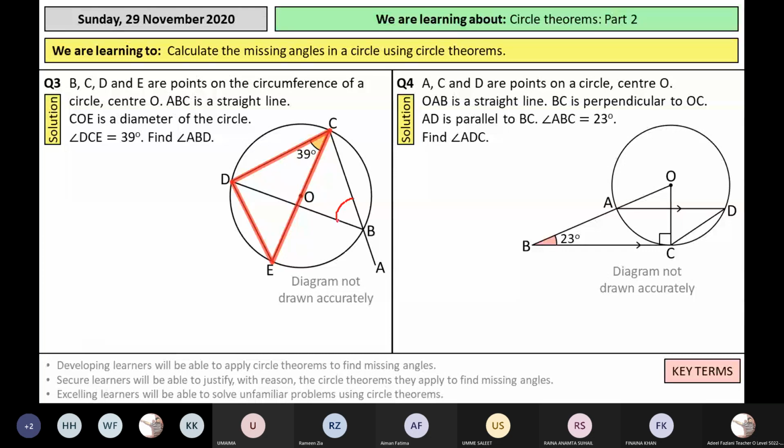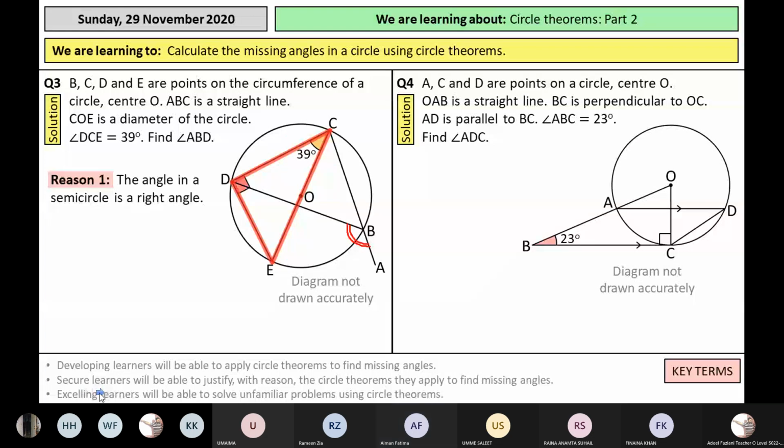ABD, okay, good. Absolutely right. ABD. This one. Is it the right answer now? 129? Yes. According to you, it's 129.